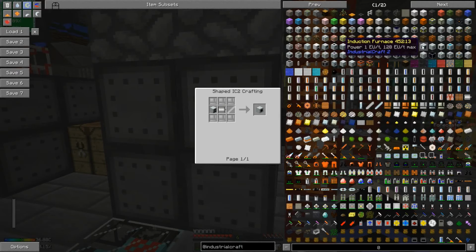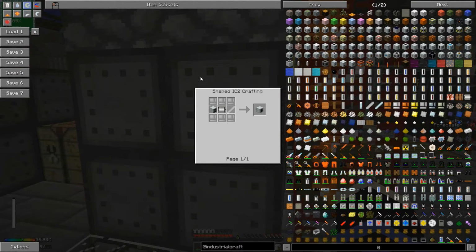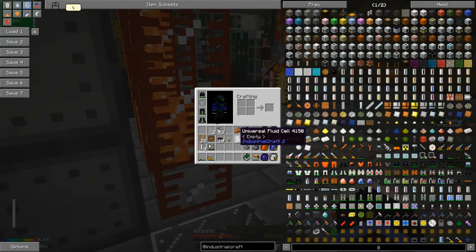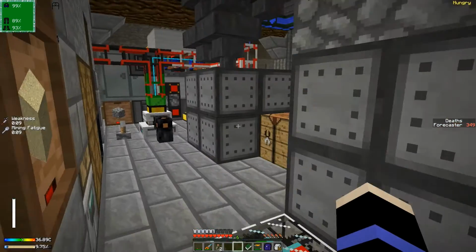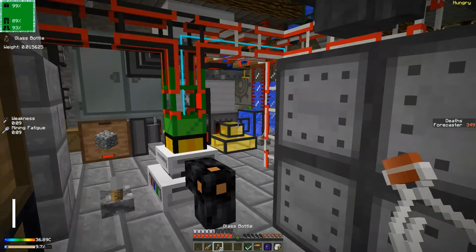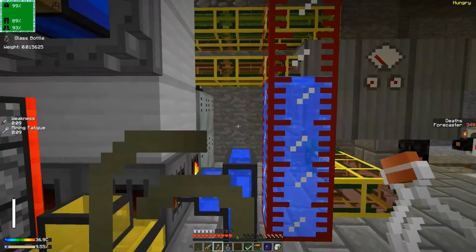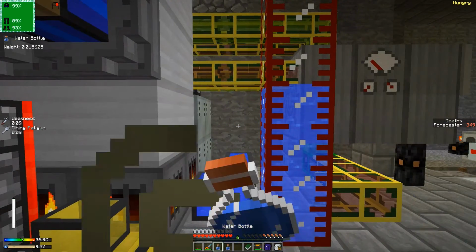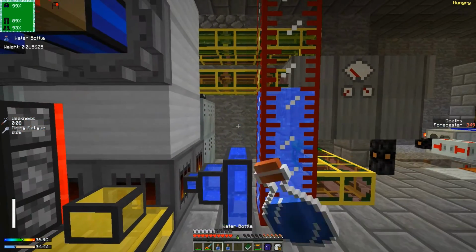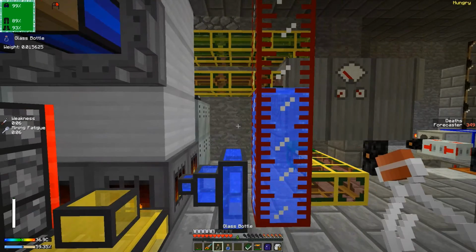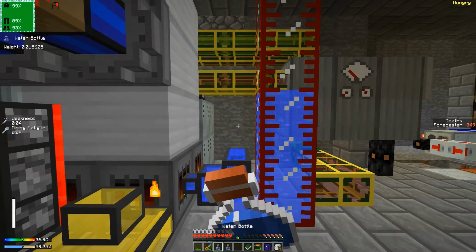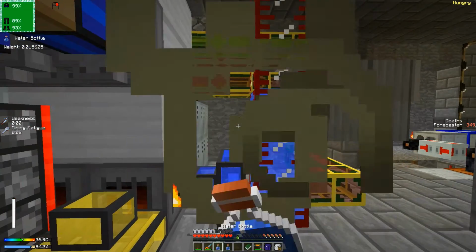Sometimes it's difficult to tell these blocks apart. I'll find it eventually. We don't need it right now. We do need some water, though, apparently. So we are simply going to have to wait for all of these ores to process.